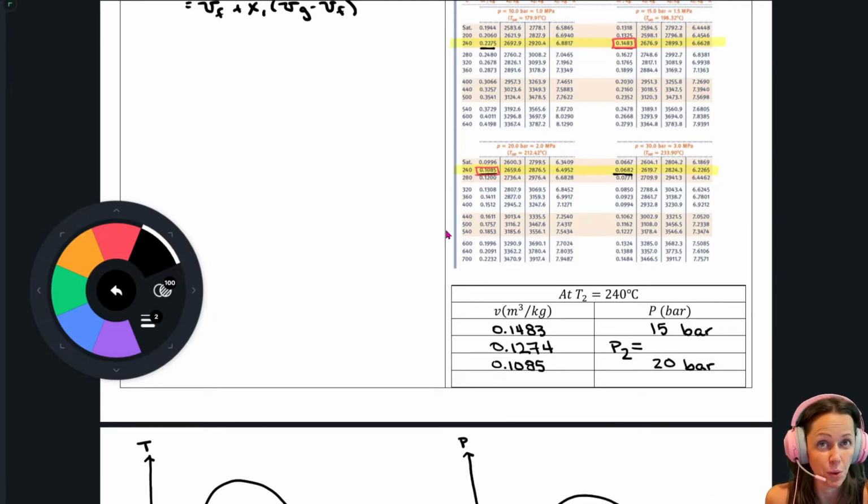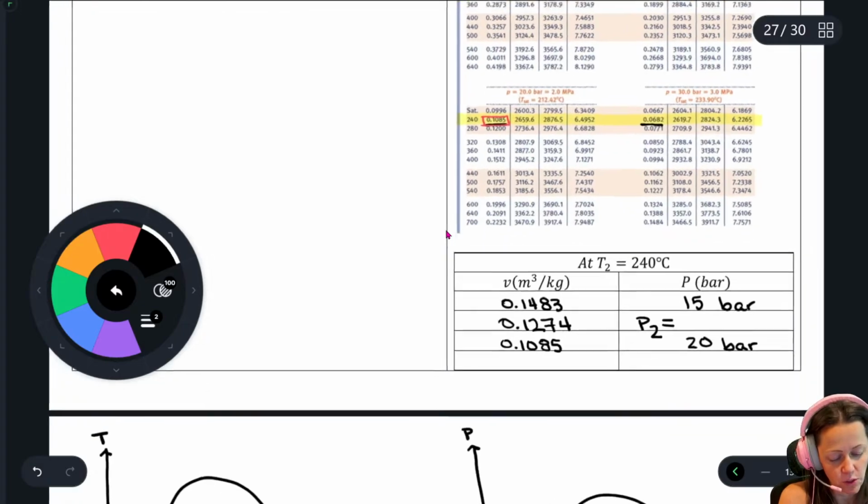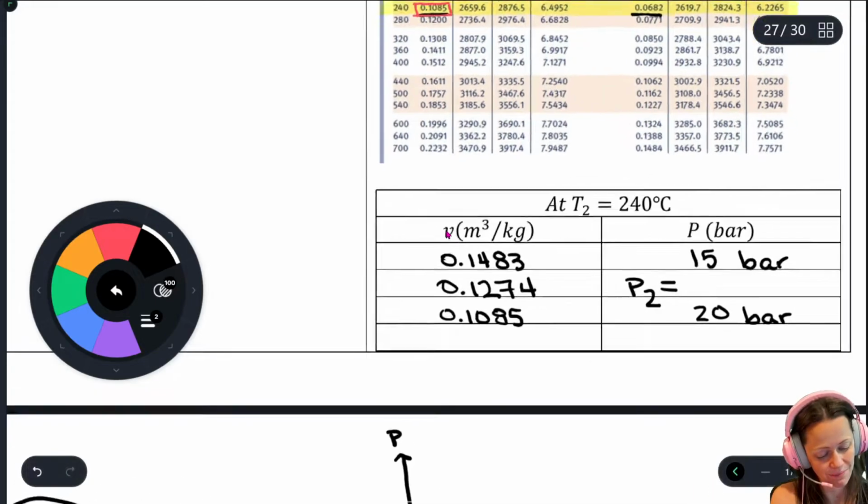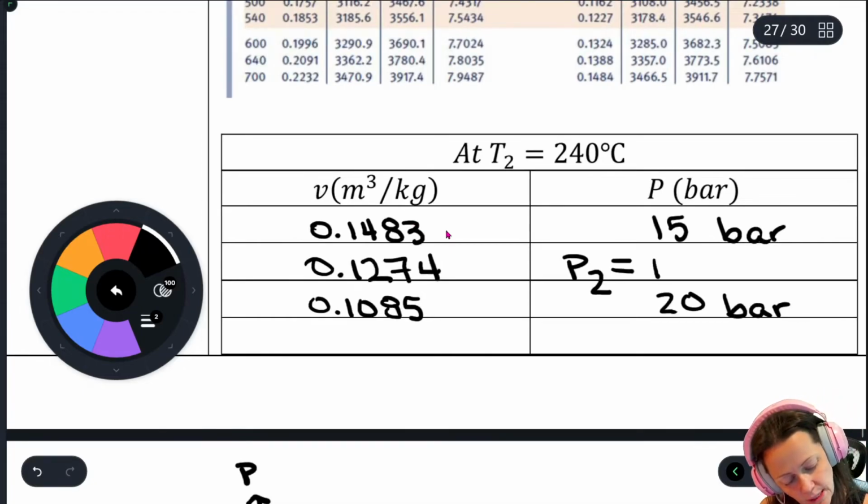So you might have to make your own little table here. All right, so if I interpolate now, I'm going to get 17.63. So this ends up being 17.63 bar.